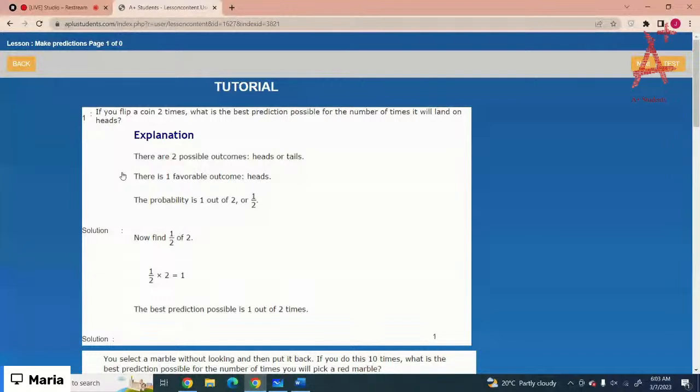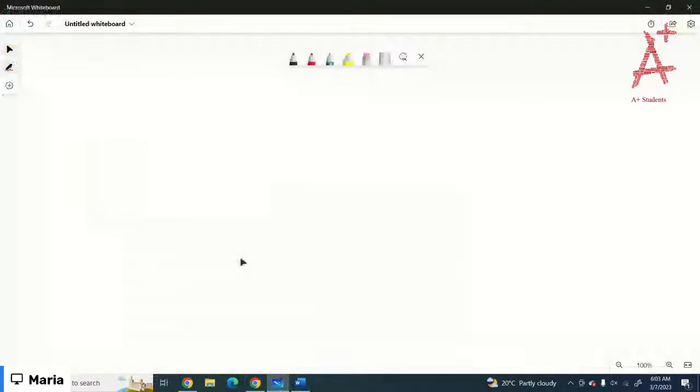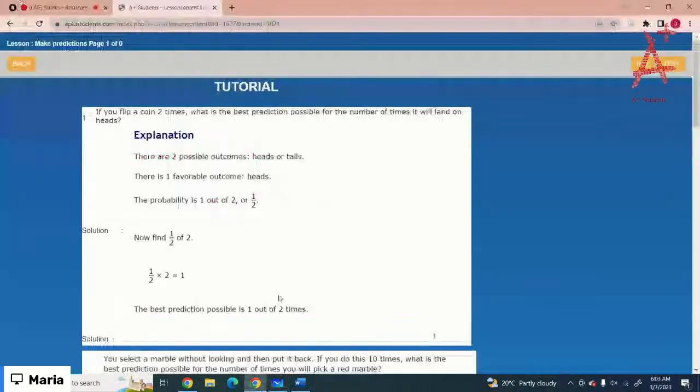The probability of getting head is 1 over 2, but you flipped a coin 2 times. So it would be 2 times 1 over 2. The 2 and 2 cancel out each other, and you are left with 1. So that means the best prediction possible is 1 out of 2 times.